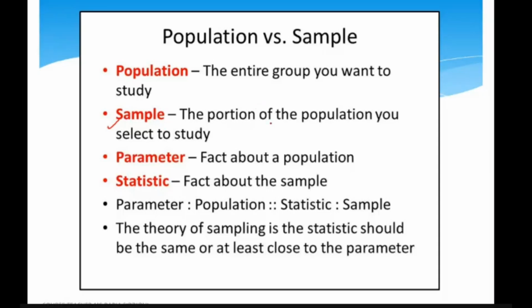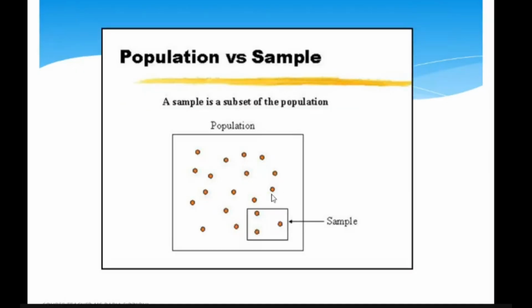There is a difference between statistics and statistic. Statistics is the science of data, and a statistic is basically a numerical value or measure that defines the characteristic of a sample, or we can say that characterizes the sample. Let's take an example. This is the population.